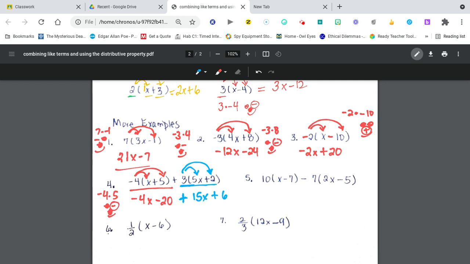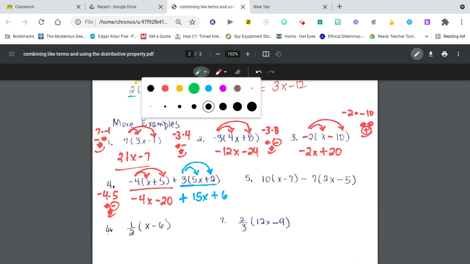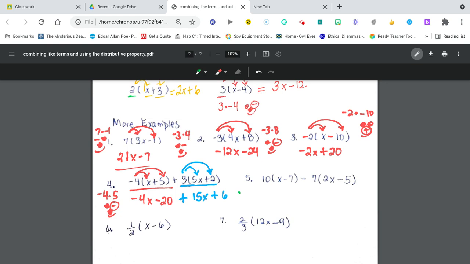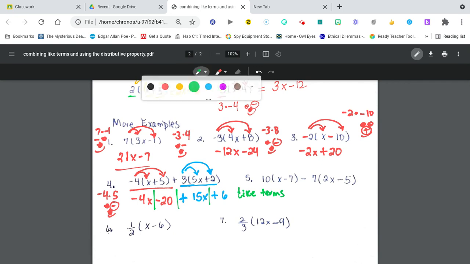Now you should notice something after you multiply. How many people notice they have some like terms after you multiply? Okay? You do, you have some. So I'm going to split this up so you can see them. Negative 4x is like positive 15x.